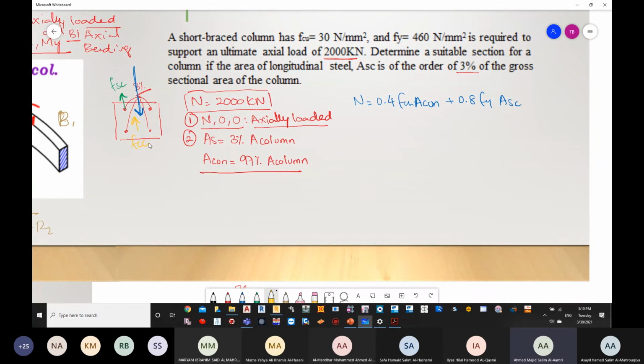And we have learned that stress is equal to force divided by area. So if we want to calculate our force, then it's the stress multiplied by an area. Now you can see the stress of concrete is represented by fcu. The stress of steel is represented by fy. Area of concrete is represented by Ac, and Asc is representing the area of steel. 0.8 and 0.4, these are not the ratios, but these are the coefficients.